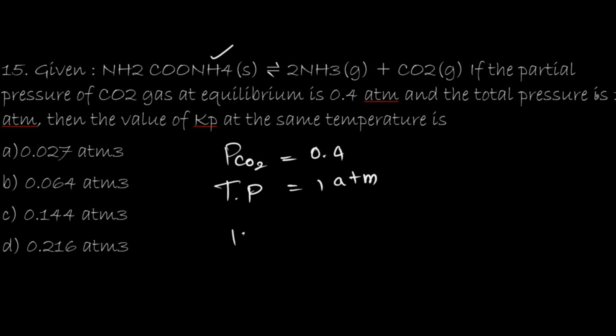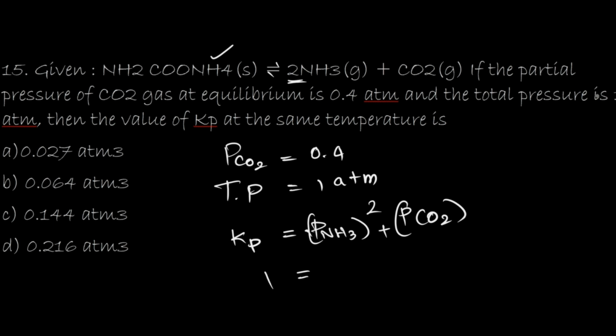So the Kp will become pressure of ammonia squared and then CO2. Let me take it as X, that is 0.4, which makes the pressure of ammonia 0.6.